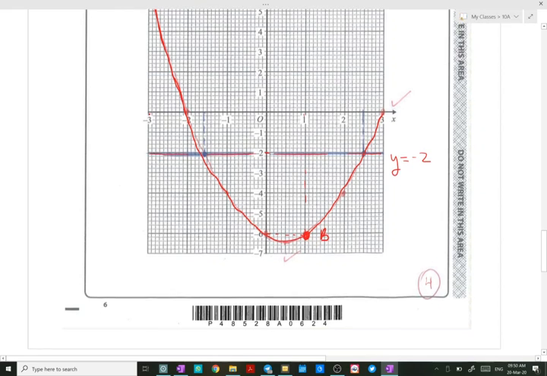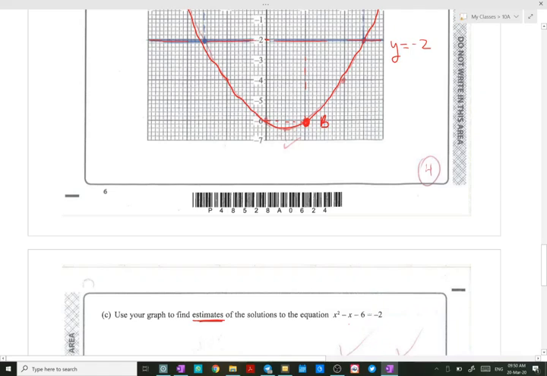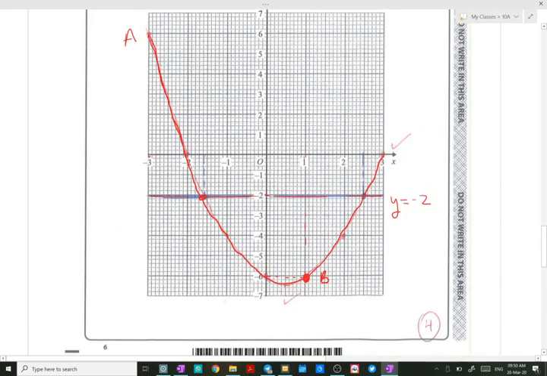Now when you see that here you have the two equations equal to each other, it means they want the points of intersection between the quadratic function and the line that you drew. So the 2 points are these points of intersection.